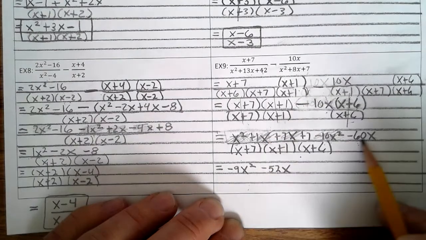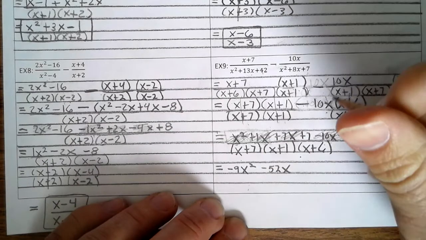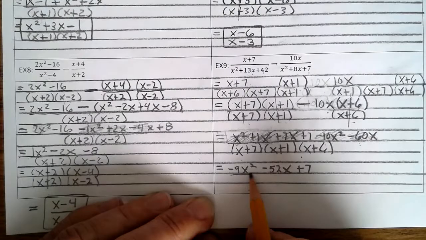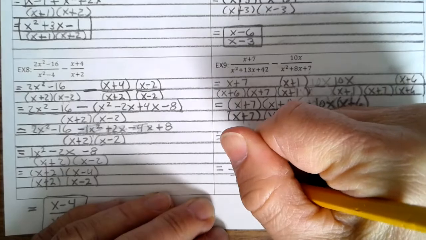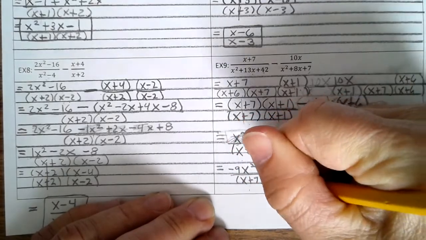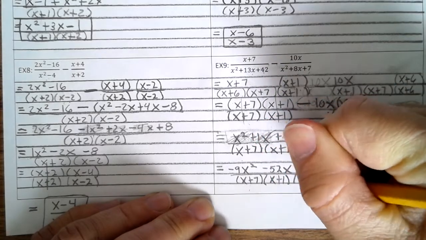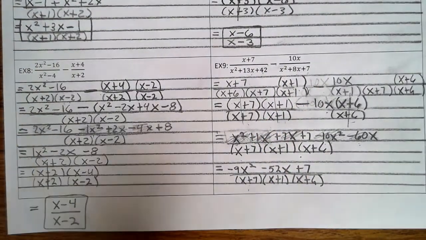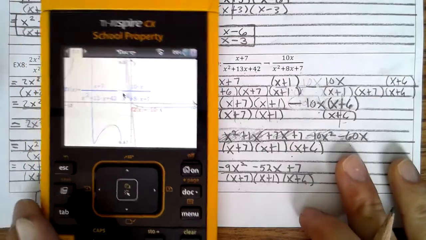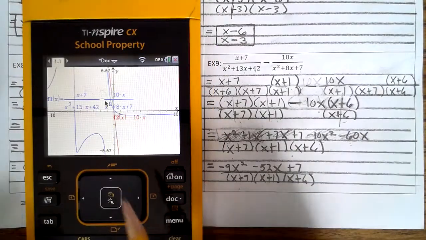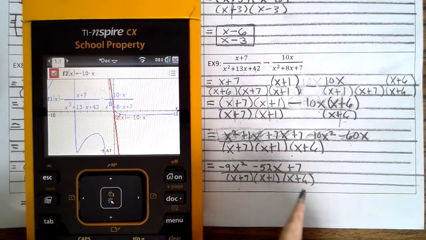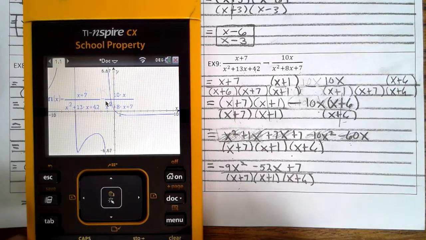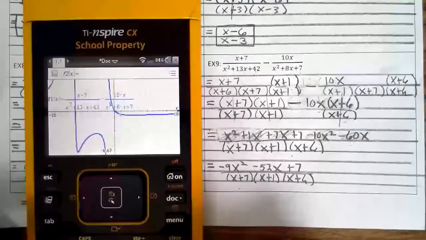In this case, I'm actually kind of glad I made a mistake because now I can show you, see that answer didn't overlap. So I'm going to tab, delete that one. I already have the original problem. Okay, so I can leave that tab. Now I'm going to press Control Divide. I'm going to graph this negative 9x squared minus 52x plus 7 divided by parentheses x plus 7 parentheses x plus 1 parentheses x plus 6.